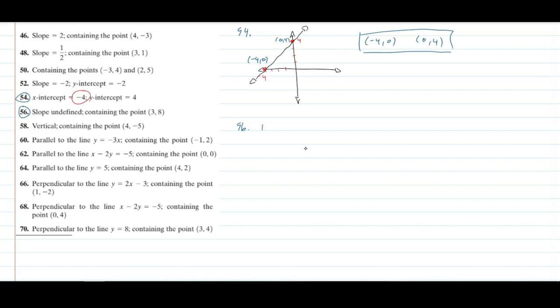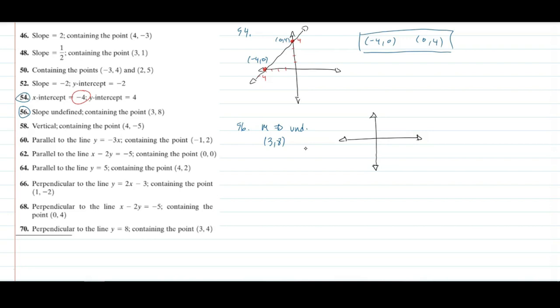Even then, I've seen even more creative things come around. Number 56 says, now you have a slope which is undefined. So go to the beginning of the lesson if you don't know what an undefined slope might look like, and it contains the point 3, 8. I'll draw this for you again, okay? Because it's a little hard to convince people, but once it clicks for you, it simply does. So you know that this line is going through 3, 8, right?